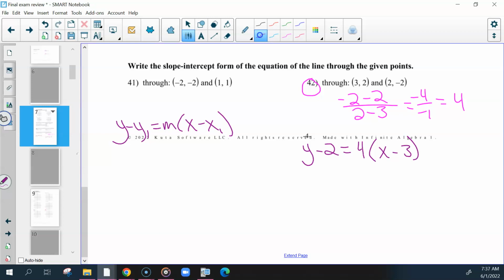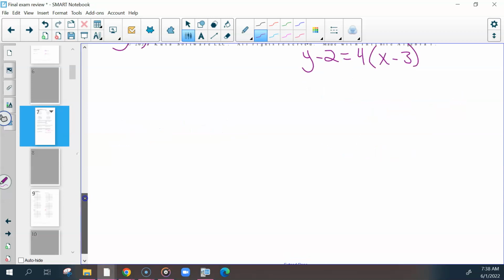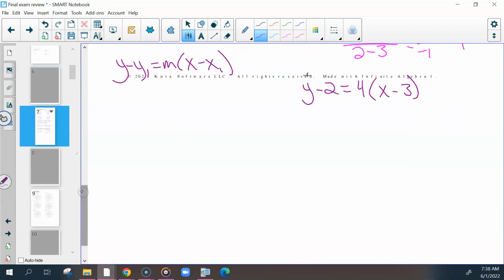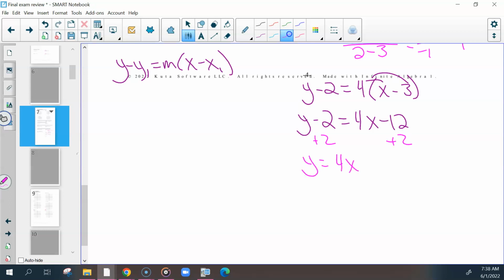And then we could distribute. So y minus 2 equals 4x minus 12. And then add 2 to both sides to get y by itself. So y equals 4x minus 10 would be our final answer.